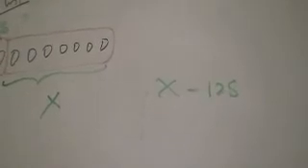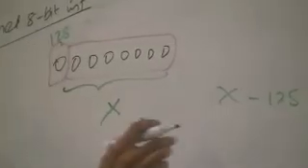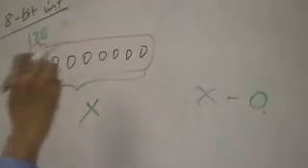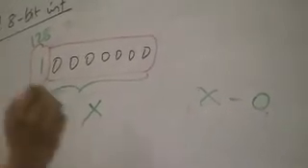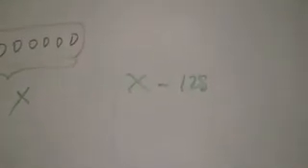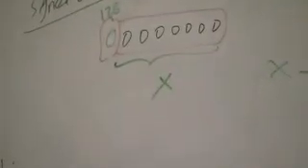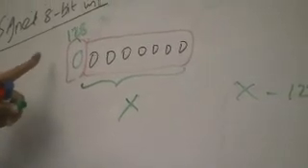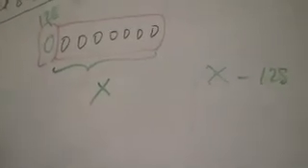Okay? But if it is a 0, this is really 0. If it is a 1, that's when you account the weight and say it is 128. So if it is a 0, the sign of the integer is really positive. Once it becomes a 1, the sign becomes negative. Okay? So let's do some numbers.